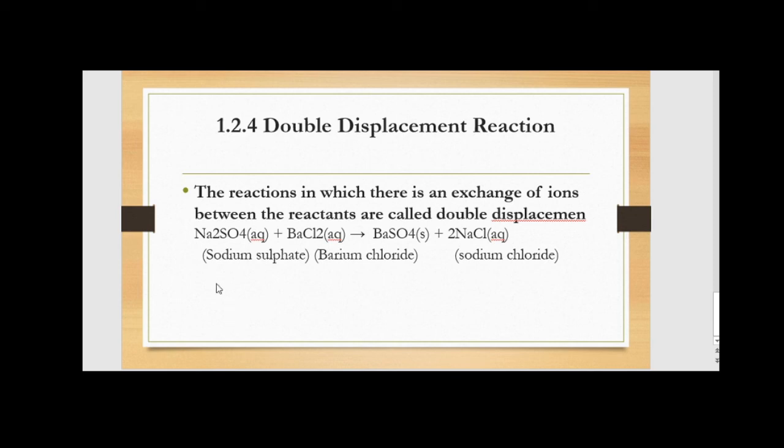You can see as an example sodium sulfate is going to react with barium chloride and after that barium sulfate is going to form as a precipitate and sodium chloride is going to form as a byproduct. So in this reaction there is an exchange of ions. Sodium ions exchange with barium and after that it forms barium sulfate and sodium chloride. So this is all about the double displacement reaction.